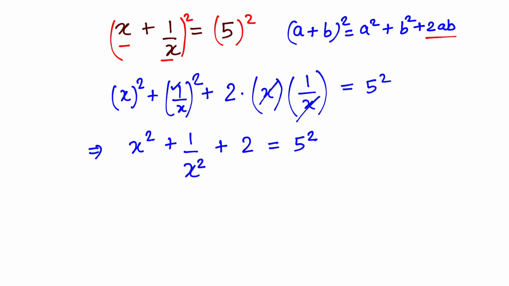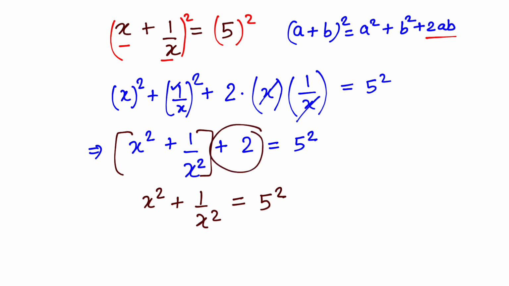Now as we had to find the value of x square plus 1 by x square, which is this part, that will be equal to, on the right hand side we have 5 square, and this plus 2 will go to the right hand side and become minus 2, and that's it.